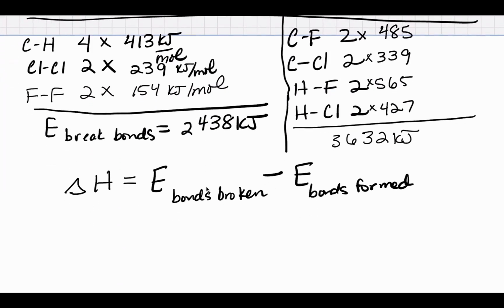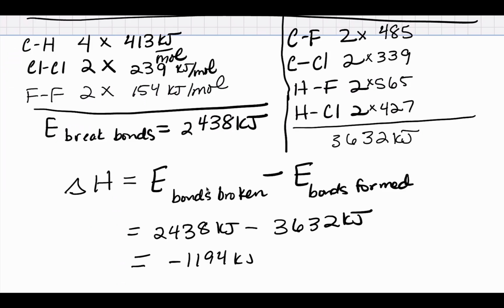So all I need to do then is take my 2,438 kilojoules, subtract 3,632 kilojoules. And I don't have my calculator on me. So when I do this, you can tell it's going to be overall an exothermic process. So overall, the enthalpy of this reaction is negative 1,194 kilojoules.